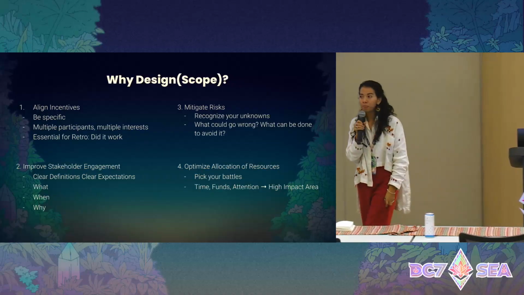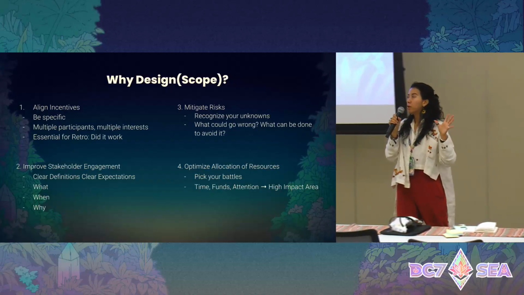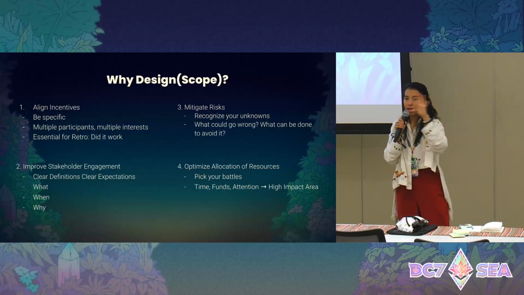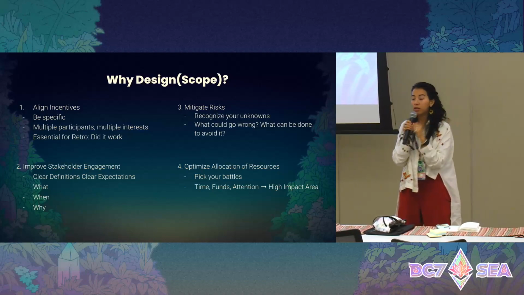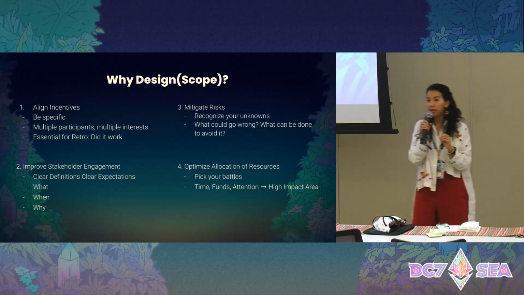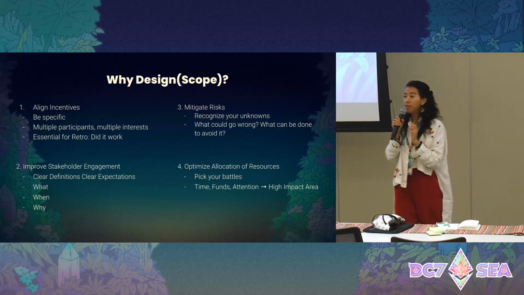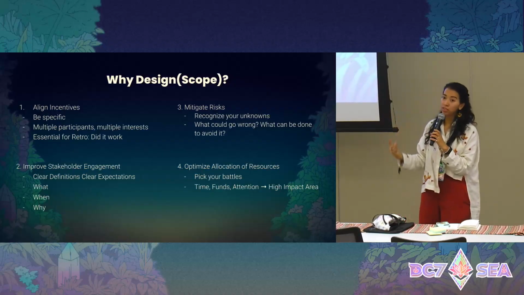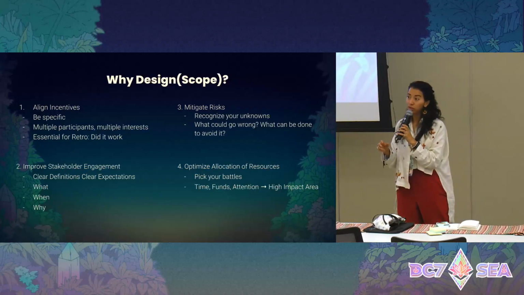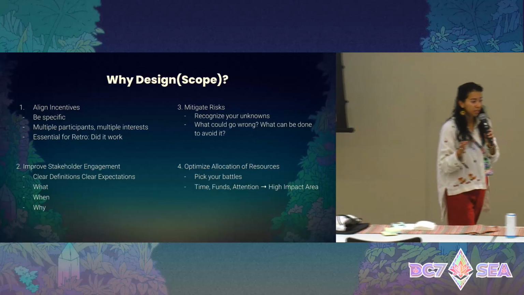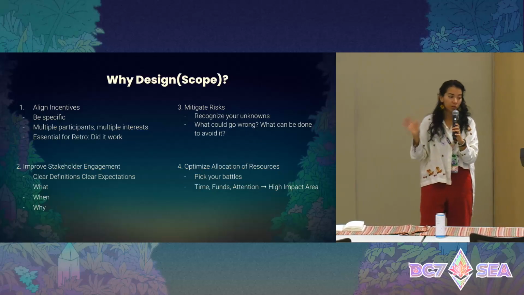First is we have a lot of participants and a lot of audiences that participate in a round. Each of them have different incentives, but this is a game that we're all playing together, and we want to make sure that we're aligning everyone's incentives so that we're able to get to the goal.